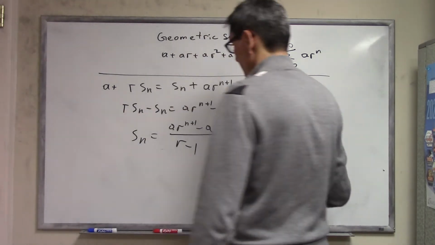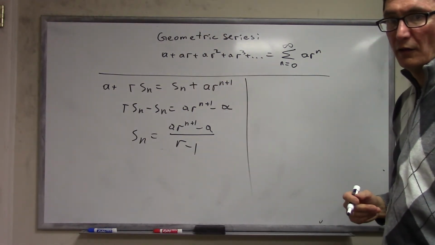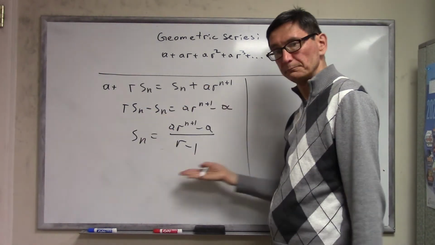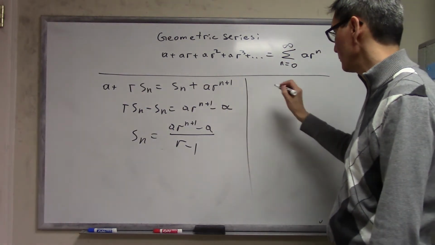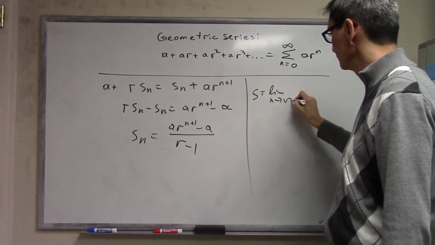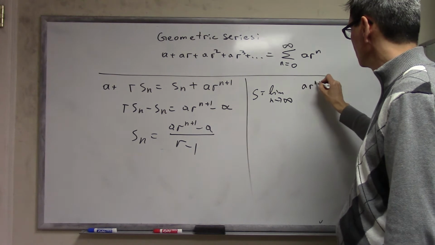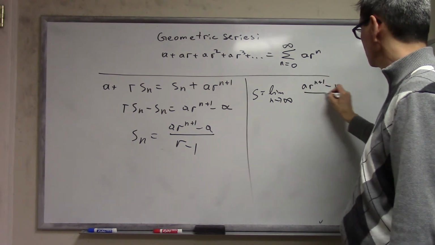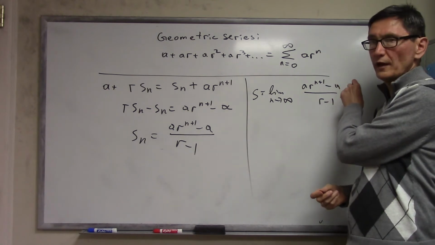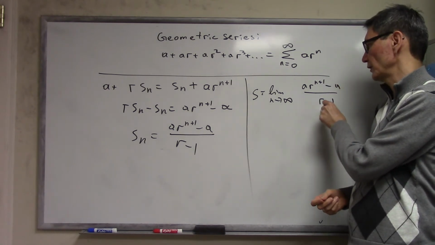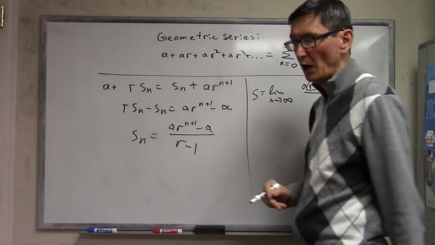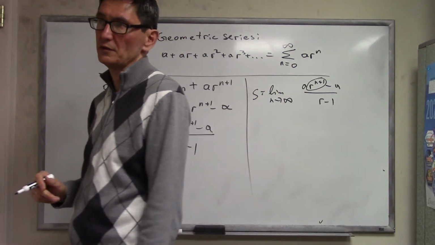Now to find what the infinite series equals to, we take the limit of that partial sum as n approaches infinity. We don't have problems with taking the limit of a. We don't have problems with taking the limit of r minus 1. So the only thing we are concerned about is how to take the limit of r to the n plus 1.